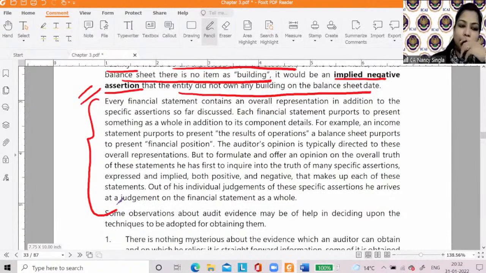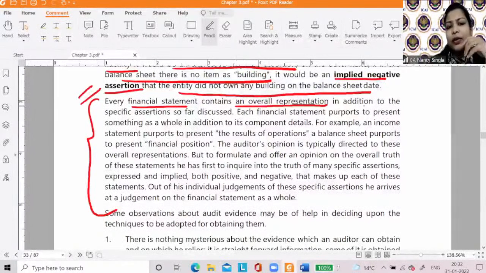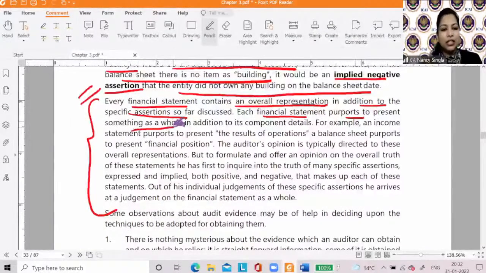Let's have a look at this paragraph. See. Every financial statement contains an overall representation in addition to specific assertions. Each financial statement purports to present something as a whole in addition to its component detail. The balance sheet has different assets coming in, but as a whole it wants to give a position of something. For example, an income statement purports to present the results of operation.